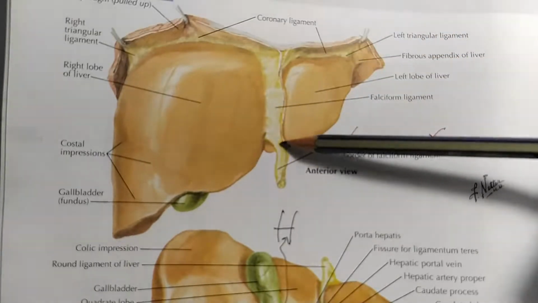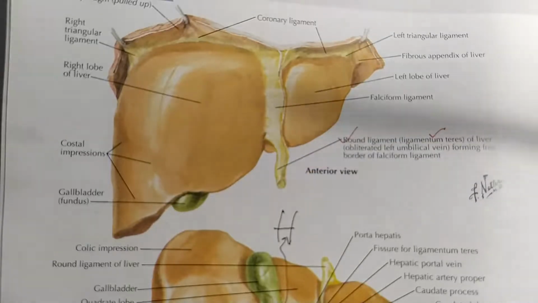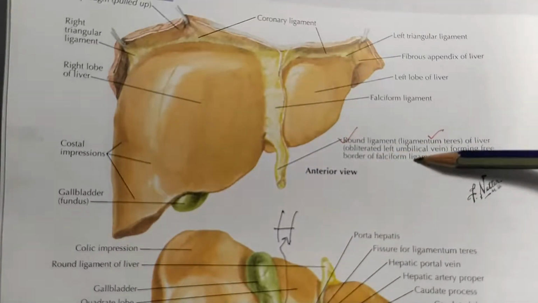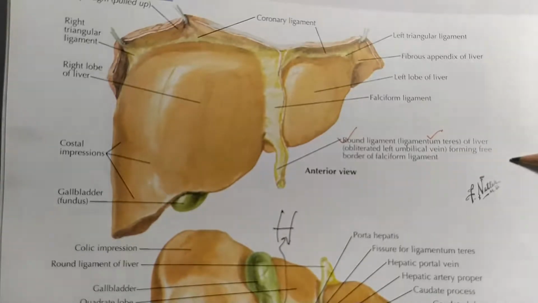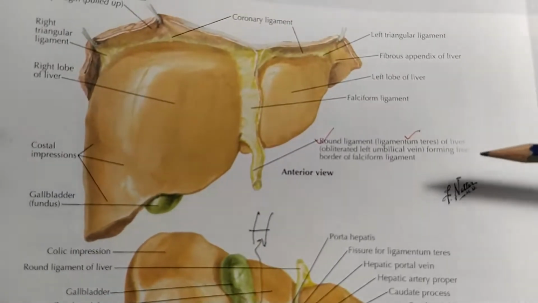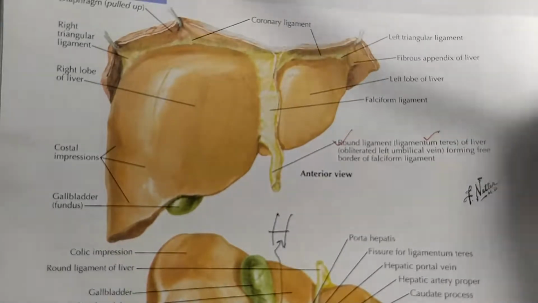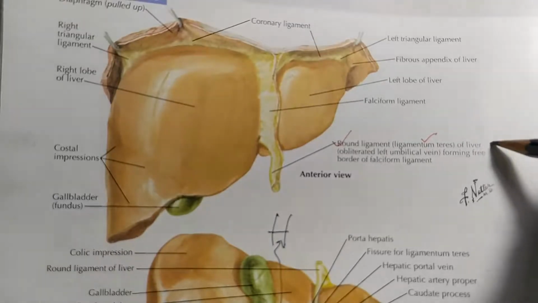And this is the round ligament, that means ligamentum teres of the liver, which is the obliterated left umbilical vein, forming the free border of the falciform ligament. It is sometimes asked as an MCQ.